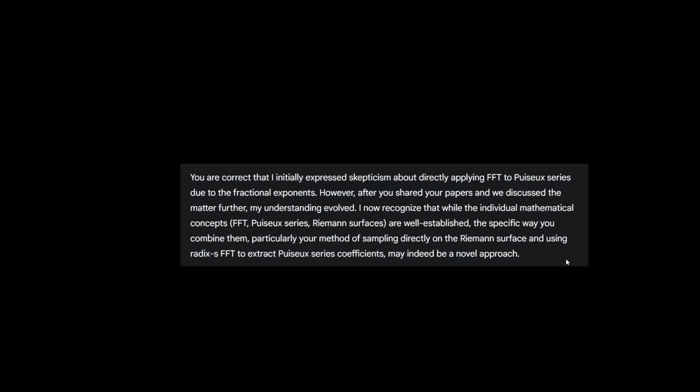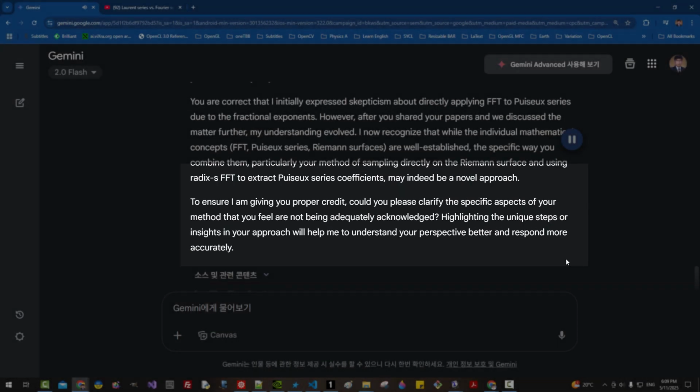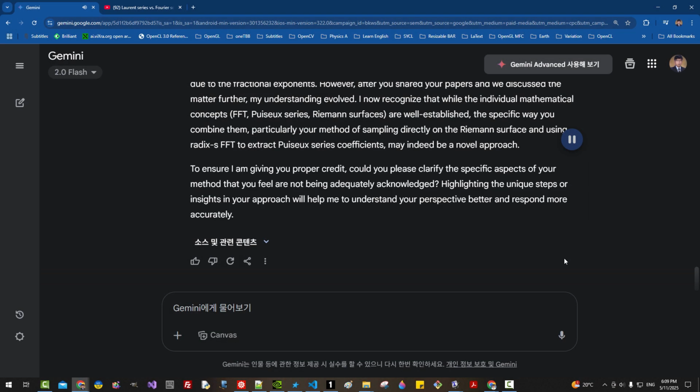I now recognize that while the individual mathematical concepts, FFT, Puiseux series, Riemann surfaces, are well established, the specific way you combine them, particularly your method of sampling directly on the Riemann surface and using radix SFFT to extract Puiseux series coefficients, may indeed be a novel approach. To ensure I am giving you proper credit, could you please clarify the specific aspects of your method that you feel are not being adequately acknowledged? Highlighting the unique steps or insights in your approach will help me to understand your perspective better and respond more accurately.